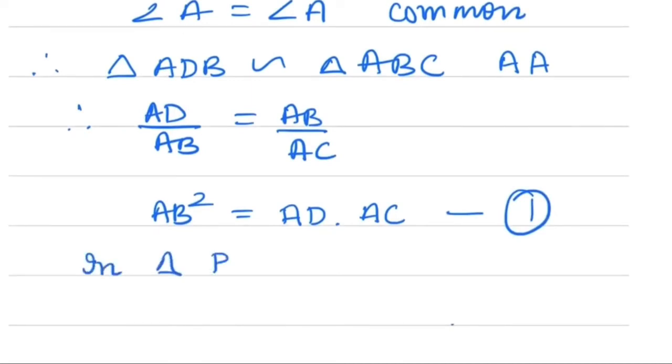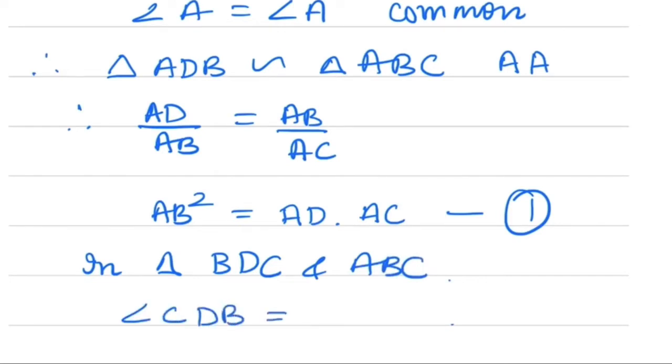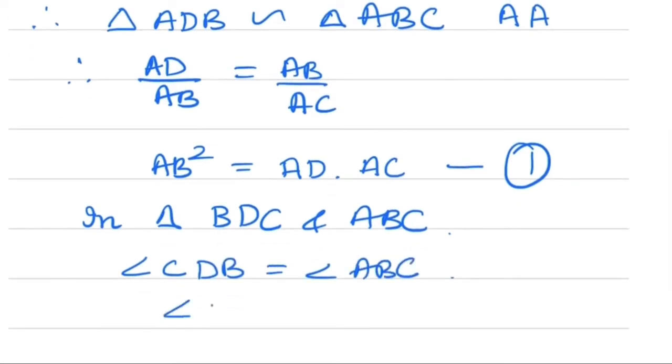So in triangles BDC and ABC, here also we have angle CDB is equal to angle ABC, and angle C is equal to angle C. This is equal to 90 degrees, and this is the common angle.